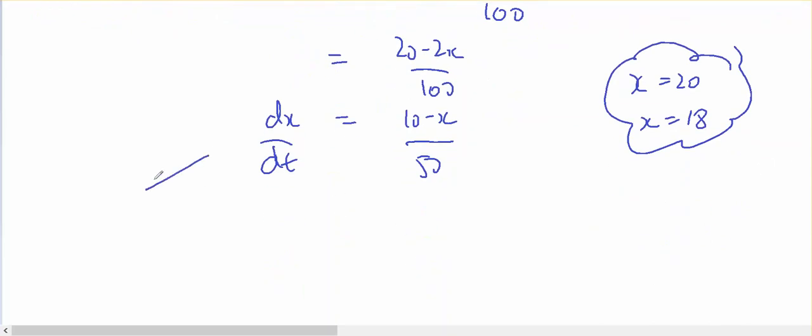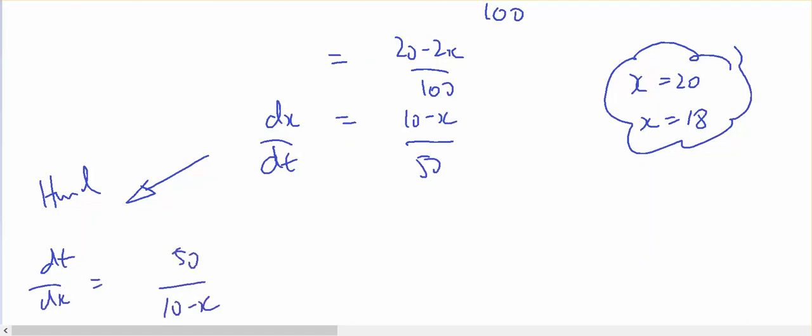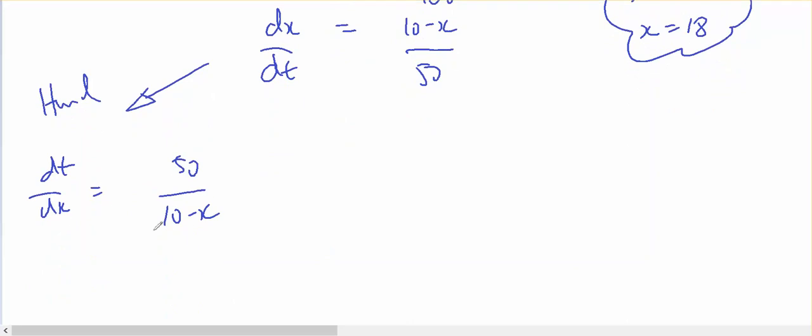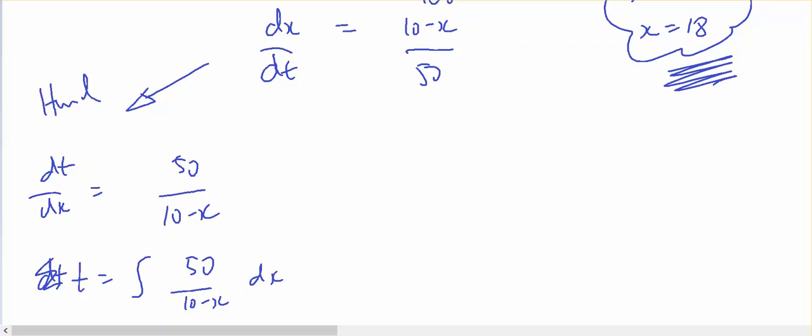So, doing this by hand, I have dt dx equals 50 on top of 10 minus x. And that's going to be a logarithm when I integrate. Sorry, t will be the integral of 50 on top of 10 minus x dx. But my x values are bigger than 10.